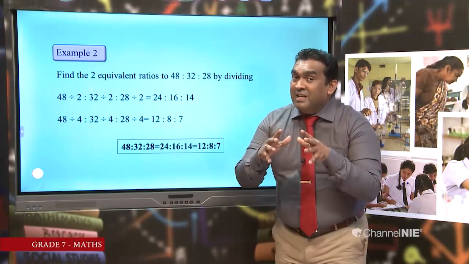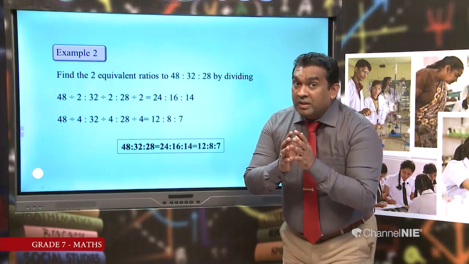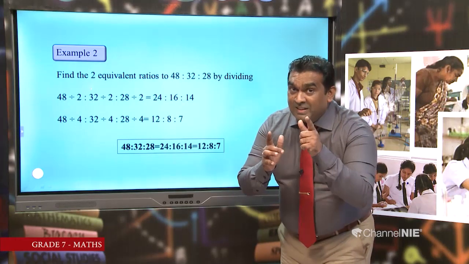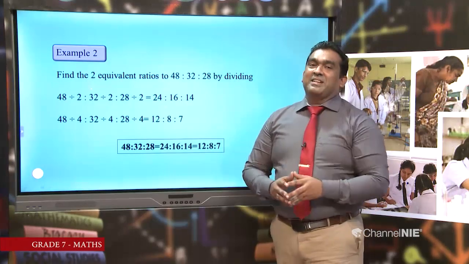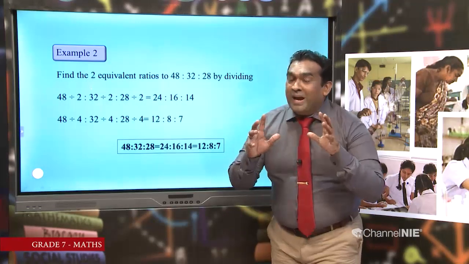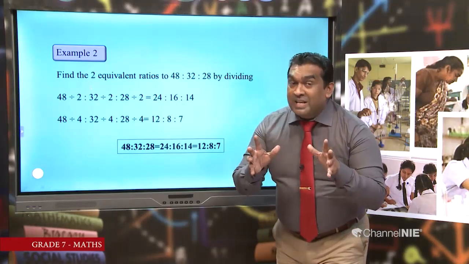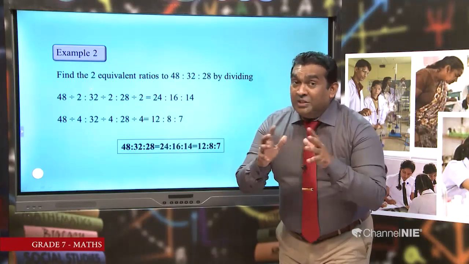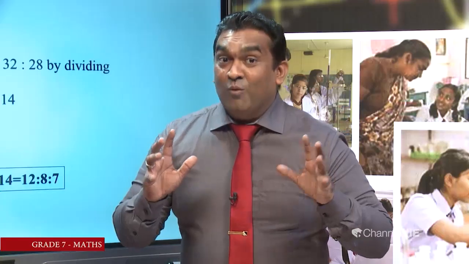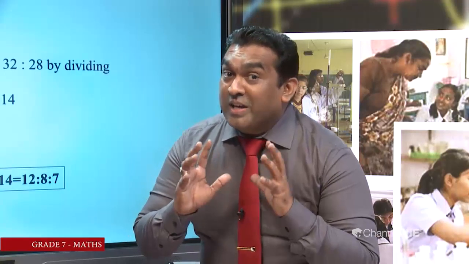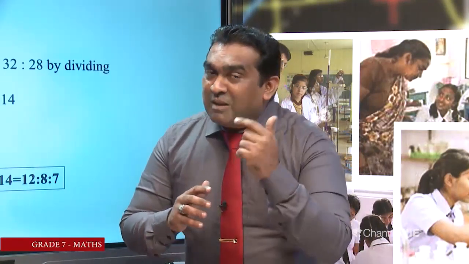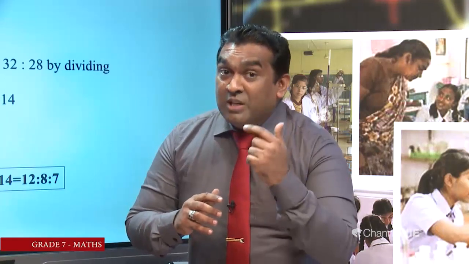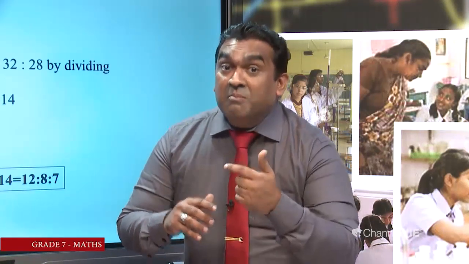In this lesson, what are we checking about? Factors. You have to identify factors. If you have 6, what are the factors of 6? What are the numbers that divide 6? 6 can be divided by 1, by 2, by 3, and by 6.